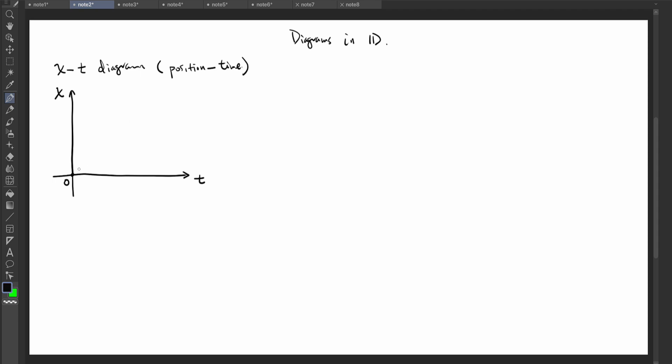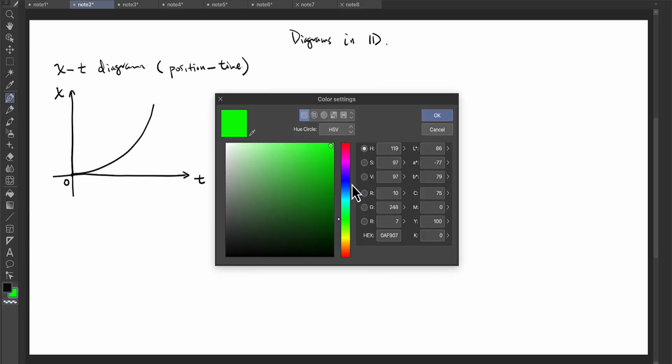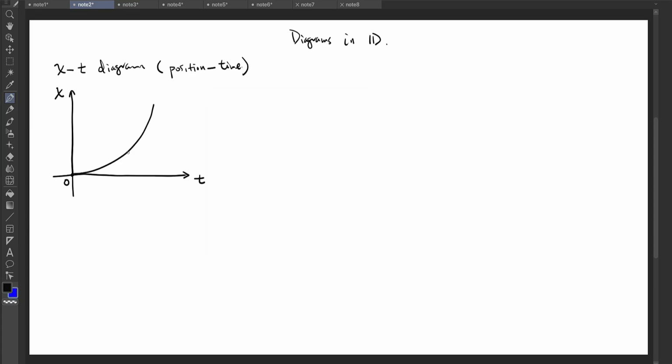So now let's say when I draw this kind of curve, this kind of motion, I have such a curve, let's say. And if I look at one instant, let's call this ti, some instantaneous instant.